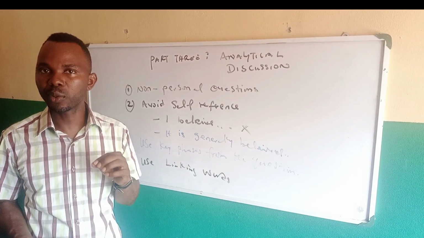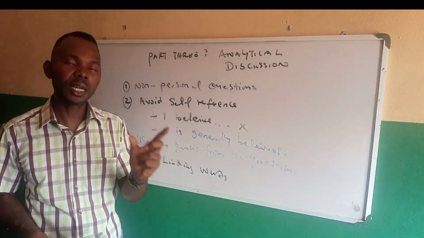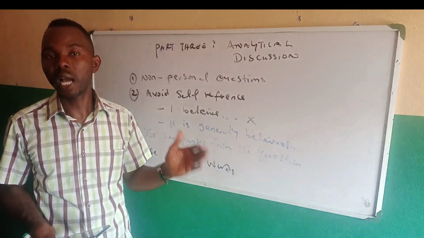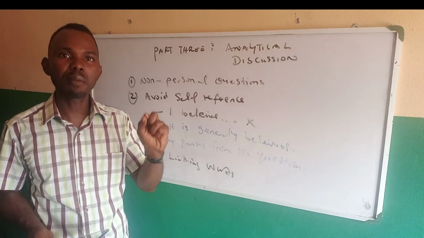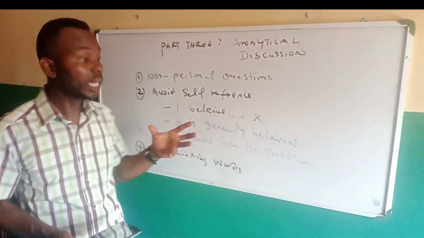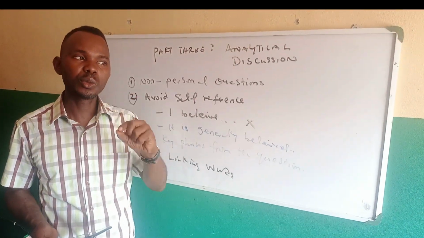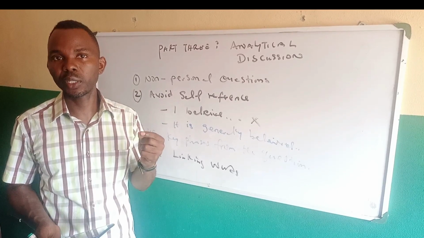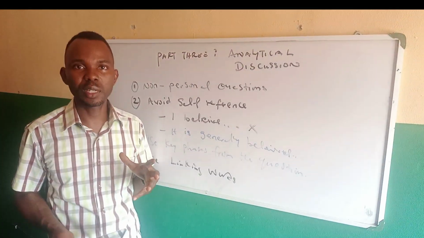Linking words are very important because you use them to link an idea to an idea, information to information, and you should use them properly and appropriately. I'm going to cite some examples of linking words and how to use them. You could also use an idiomatic expression if you can remember any during the presentation.